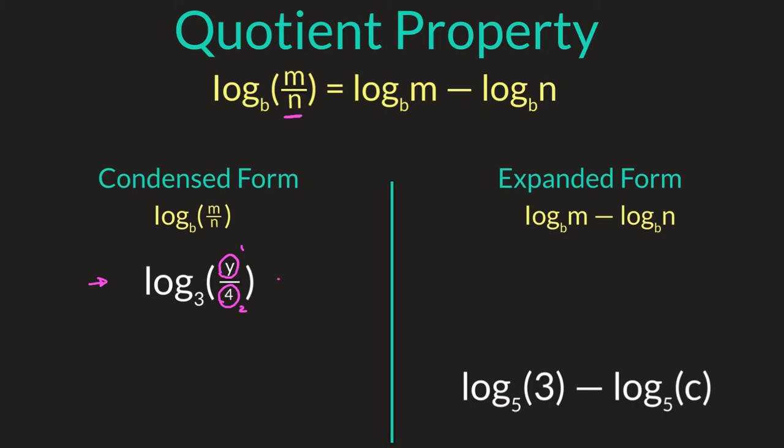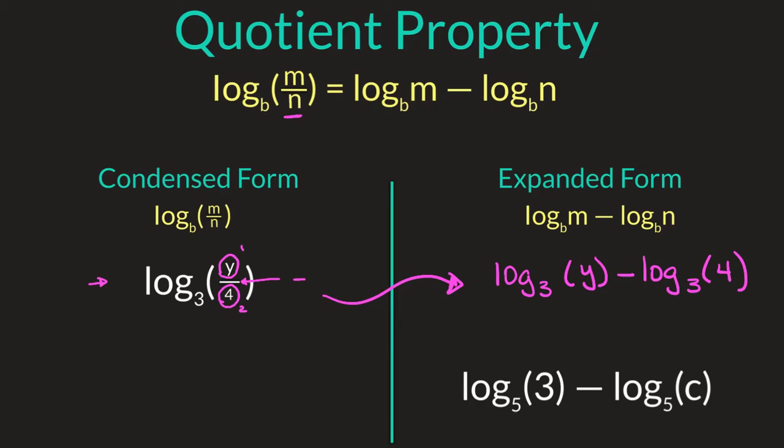And since we have a division in the middle, we talked about it up above, that will turn into a minus. So going to the right side, we have log base 3 of y minus log base 3 of 4.